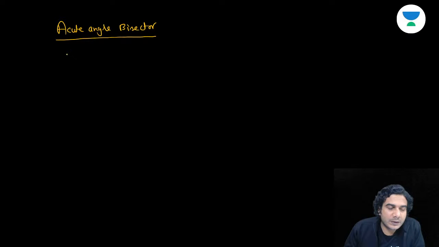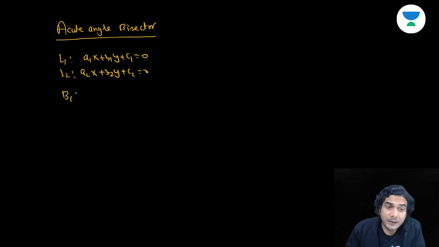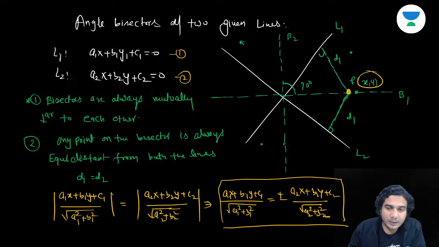The first equation, line L1, was a1x + b1y + c1 = 0, and line L2 was a2x + b2y + c2 = 0. Now you have got both bisectors, b1 and b2. These are the two equations represented by b1 and b2.